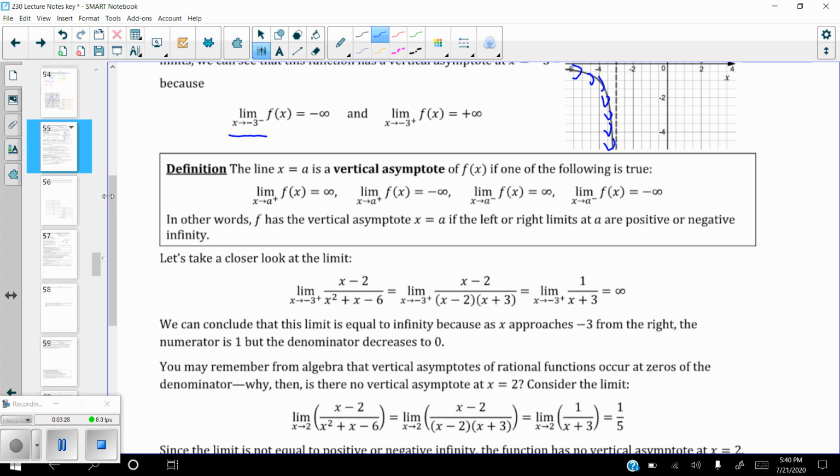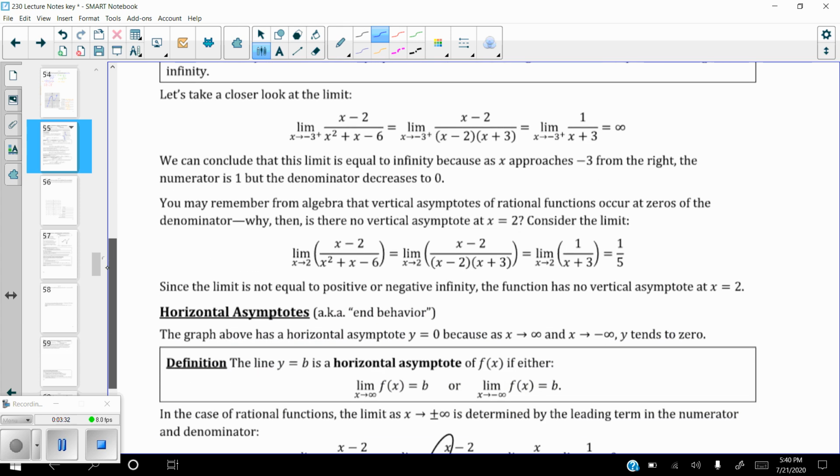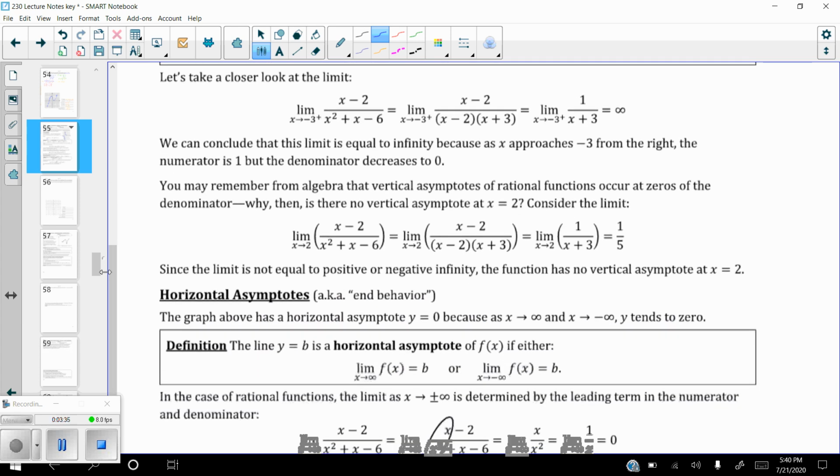So we're going to take a closer look at that limit specifically. So the limit as x approaches -3 from the positive side. If you were to plug -3 in there, you would get some kind of a value on top that's not 0 over 0.